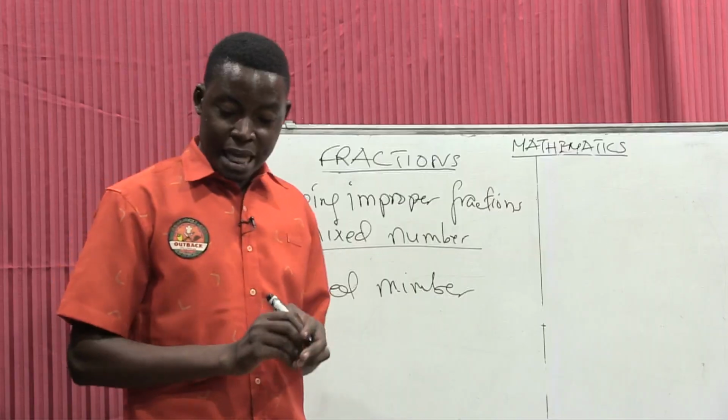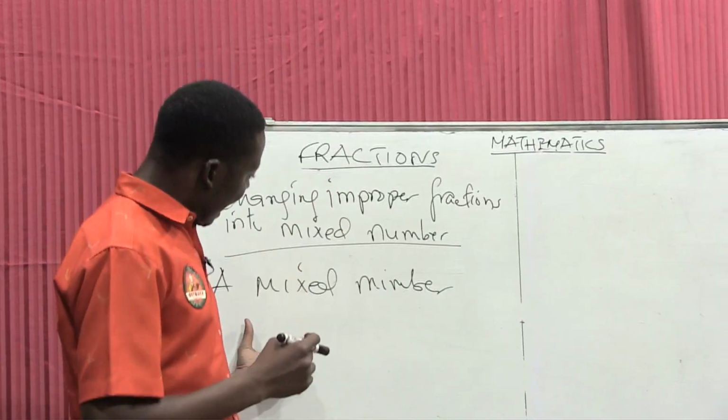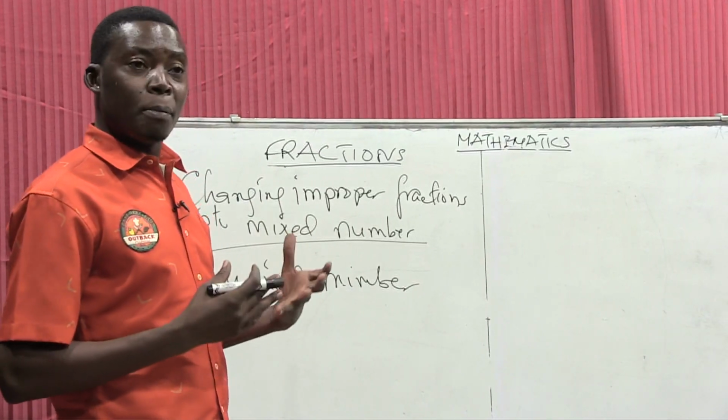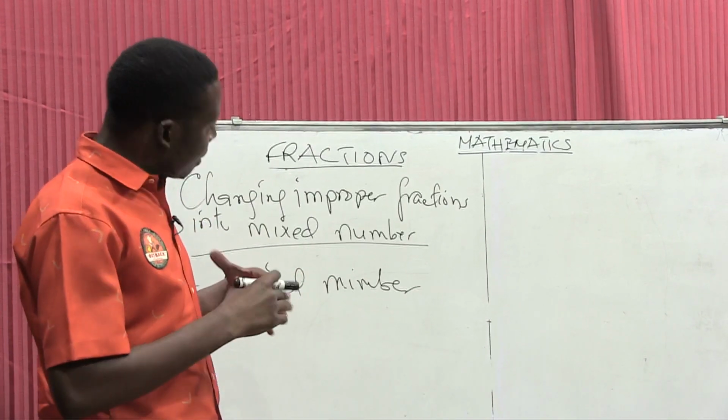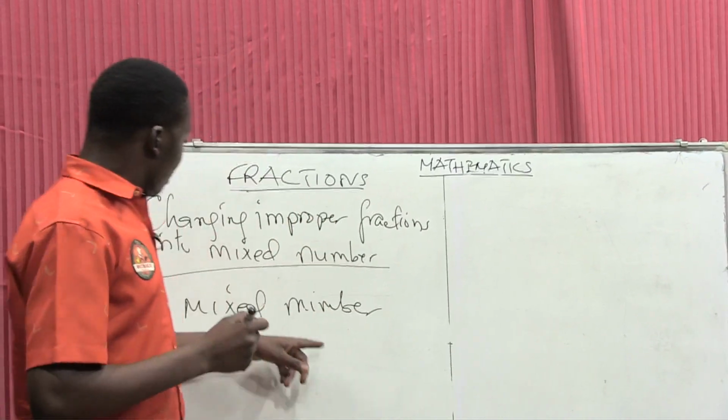Remember the time we did fractions, I told you that we have two types of fraction. But also we have another. It seems to be a type of fraction, but we are not categorizing it as a type of fraction, which is the mixed number.